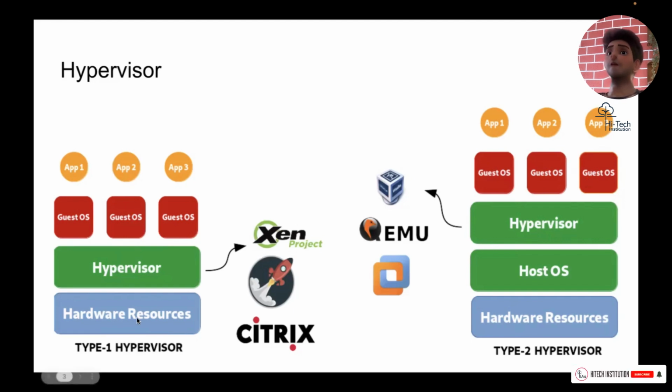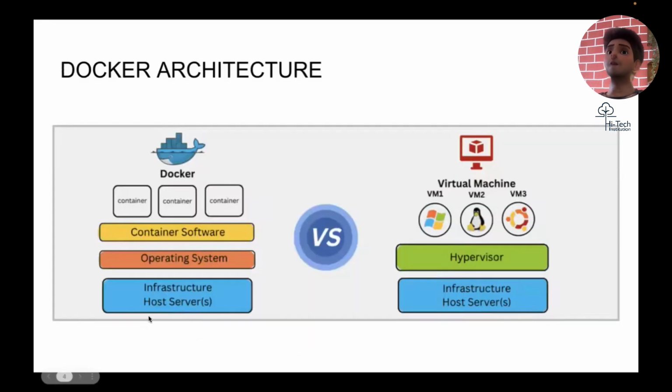But in production, people widely use Hyper-V, VMware ESXi, Citrix, mainly type 1 hypervisor, bare metal architecture. This is a comparison between the hypervisor and Docker. You have your hardware and a hypervisor.